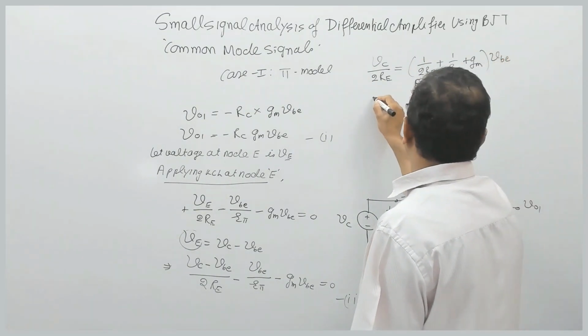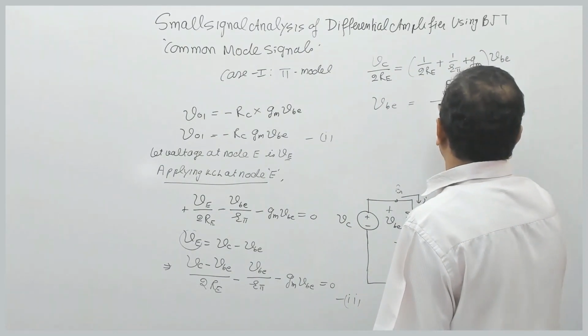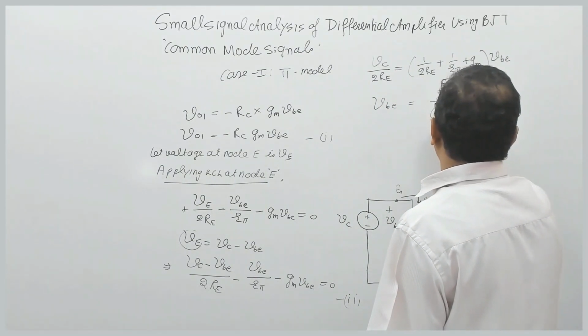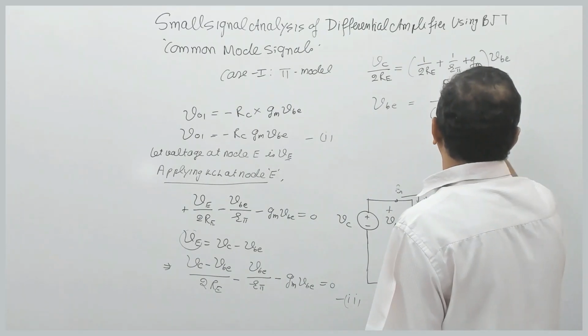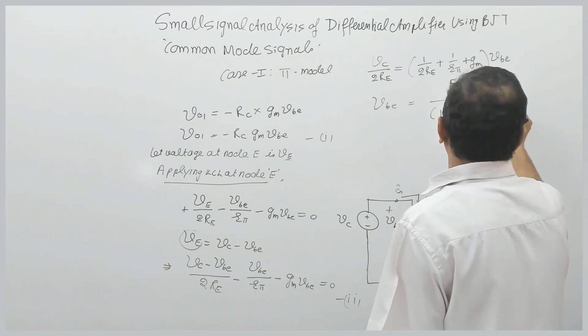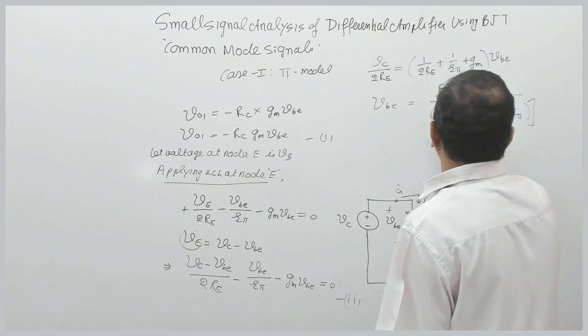Or this gives VBE equal to VC by 1 plus 2RE into (gm plus 1 by r pi). This is what you have. Fine.